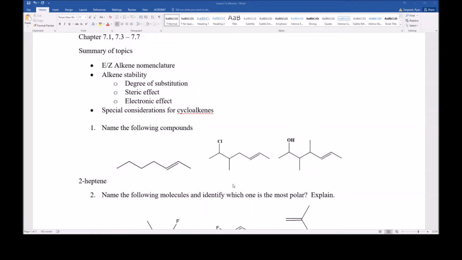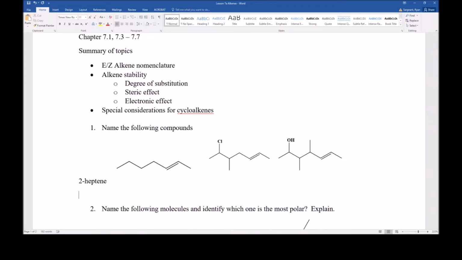So I can start also naming the next two compounds. They both also have 7 carbons in the longest continuous chunk of carbons. 1, 2, 3, 4, 5, 6, 7. So this is also going to be some type of heptene. That alkene is going to come off of one of the carbons, and I'm going to just leave a number symbol in there for now, and I'll fill that in a second.